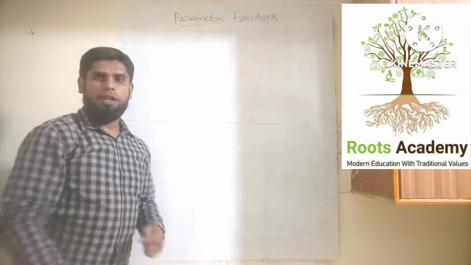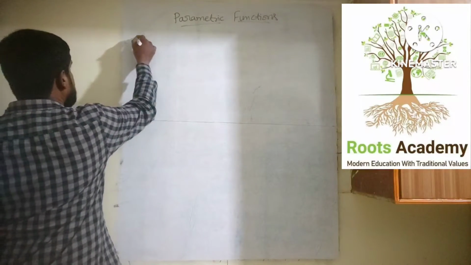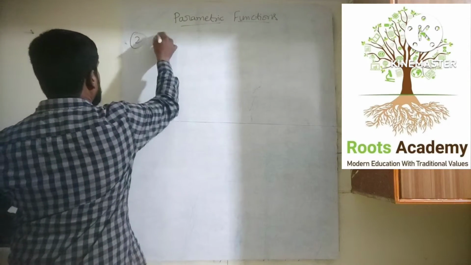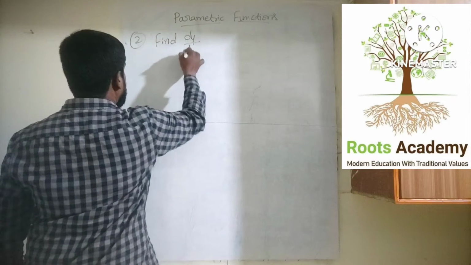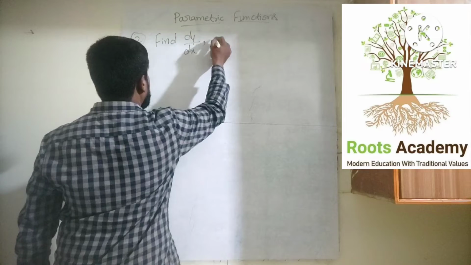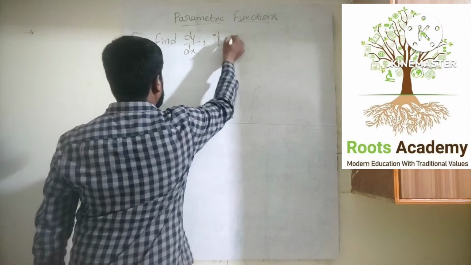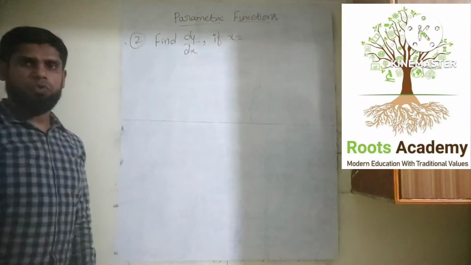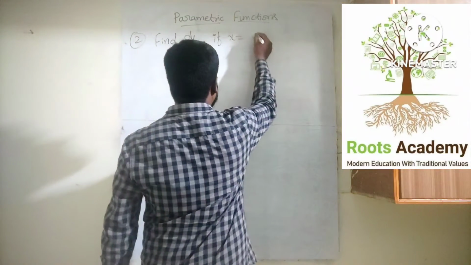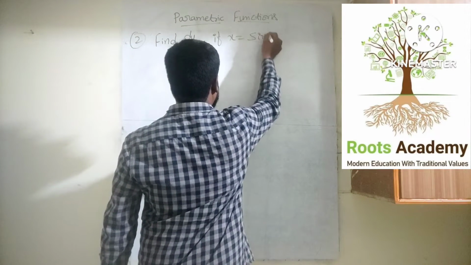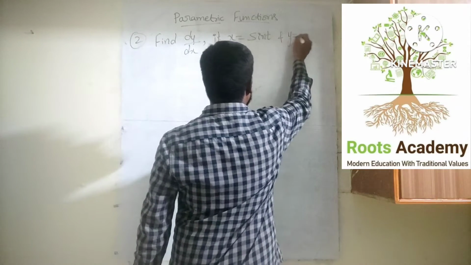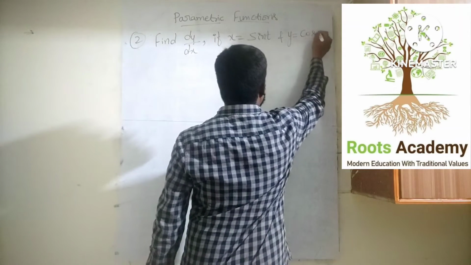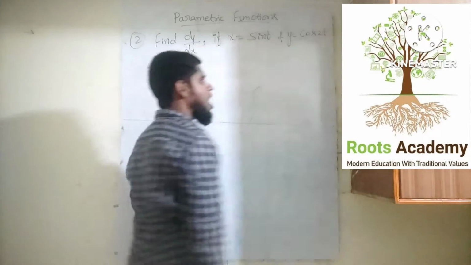Now students, let us go to the next problem. Find dy by dx if x is equal to sin t and y is equal to cos 2t.